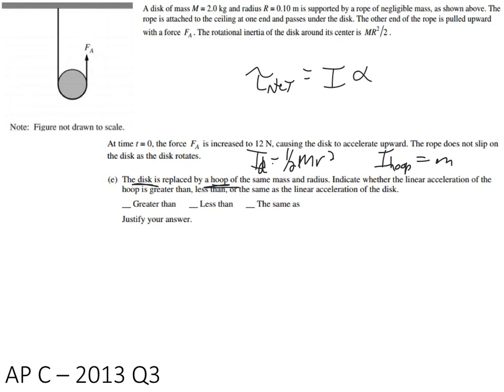Now, in this case, tau net stays the same. I'm still dealing with the same force and all that. Everything remains the same. The only difference is the rotational inertia. And in this case, I'm increasing the rotational inertia by replacing the disk with a hoop, which means that my angular acceleration has to go down.